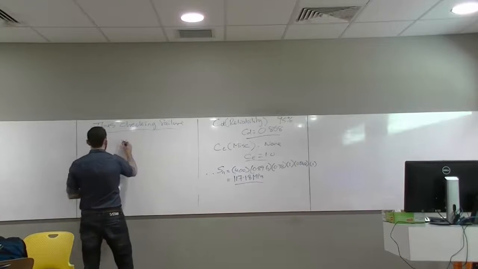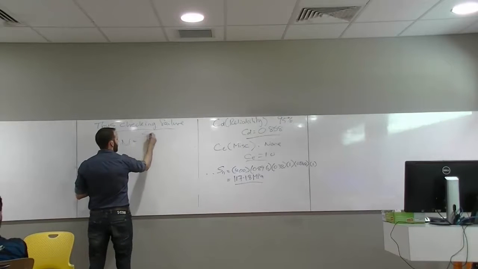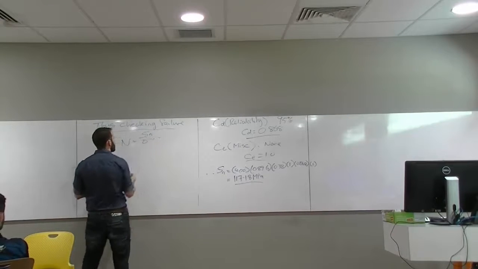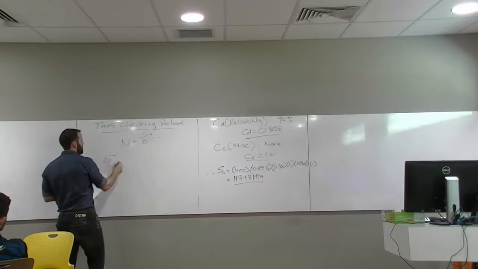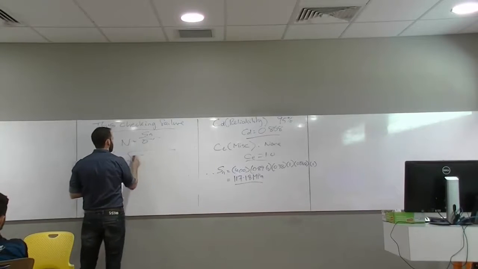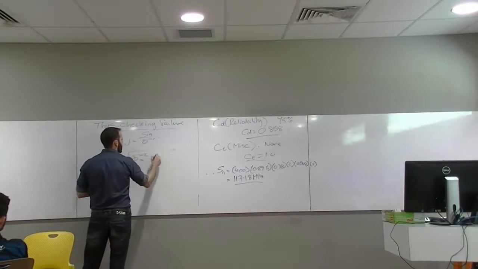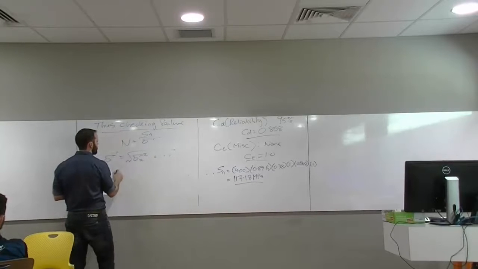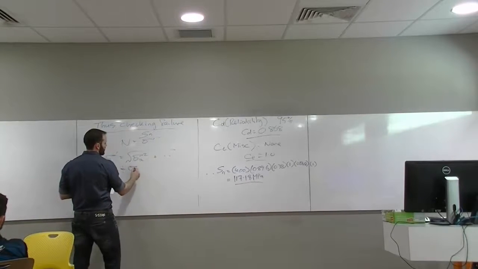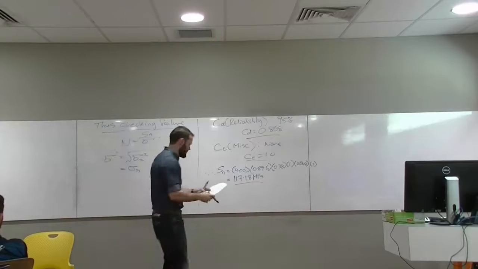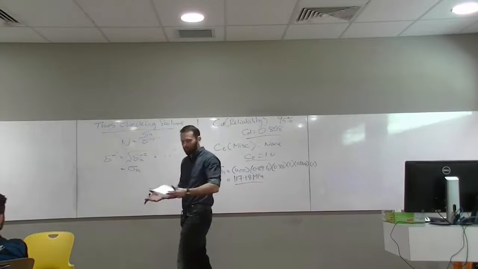N equals, what do we have? Sn on sigma dash. Our von Mises stress is equal to the square root of sigma x squared plus a bunch of stuff which is all 0, therefore that equals sigma x. Everyone good with that? Remember, don't forget to do the von Mises step.